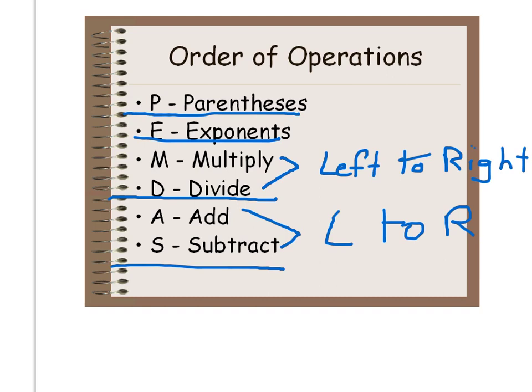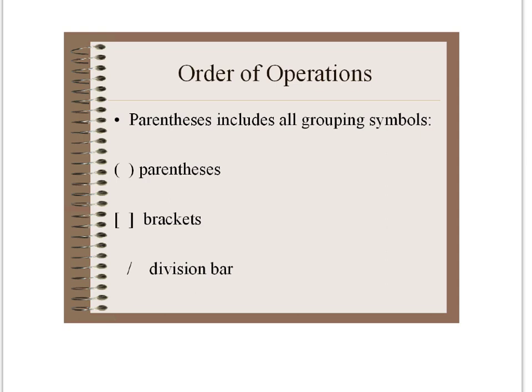Now, let's talk about the parentheses here. Parentheses don't just include parentheses. Parentheses are considered grouping symbols. So parentheses can be parentheses, they can be brackets, or a division bar also counts as grouping symbols. Now when we talk about parentheses and brackets, you work on those from the inside out.